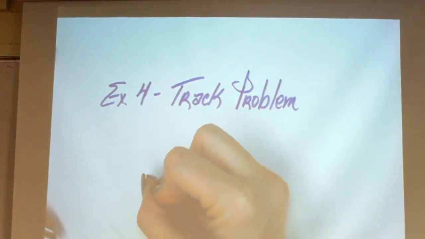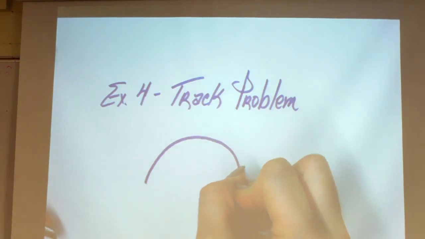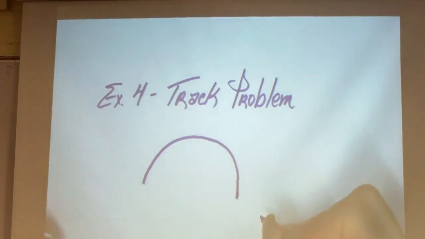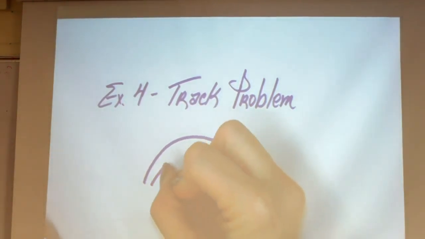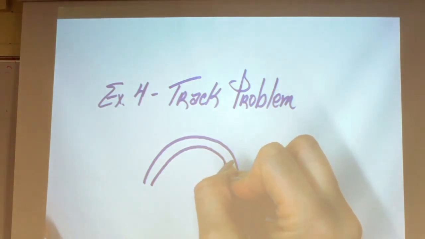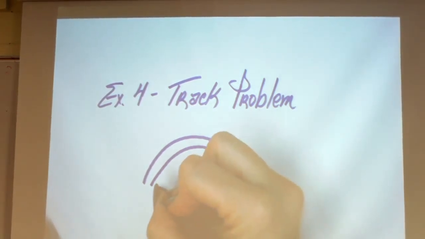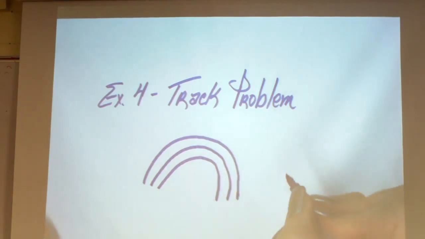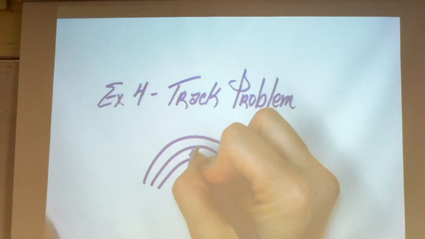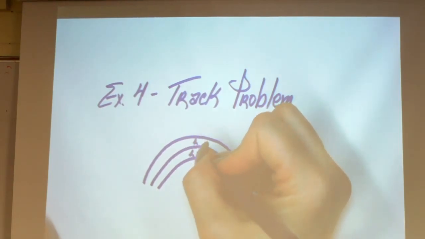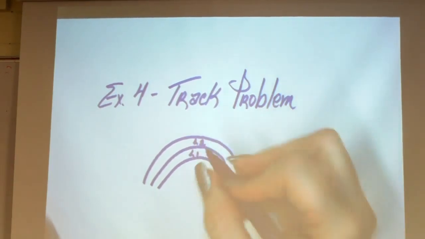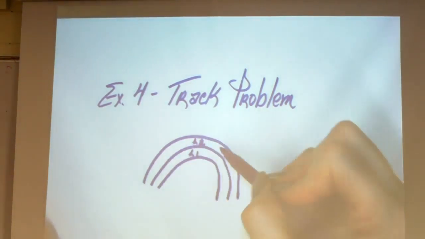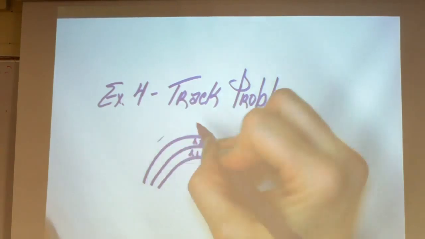In the track problem, they give you an end of a track, and they're just looking at 2 lanes of the track. They say this is lane 1 and this is lane 2. Lane 1 is further on the inside. Our track has more lanes, I think 6 or 8, and those would continue out.